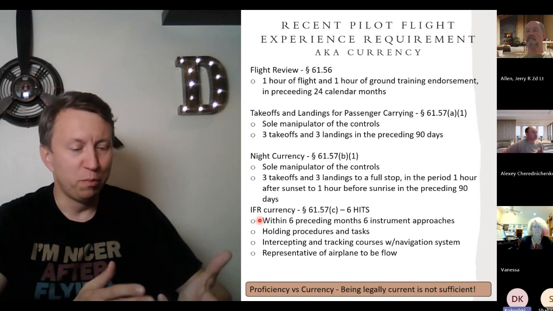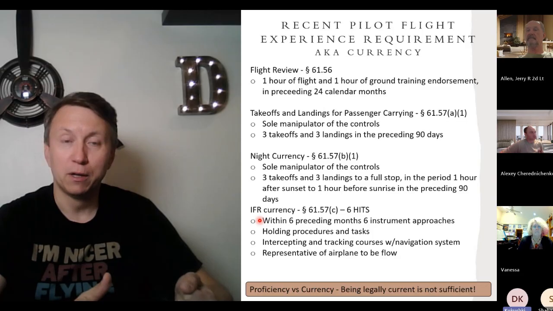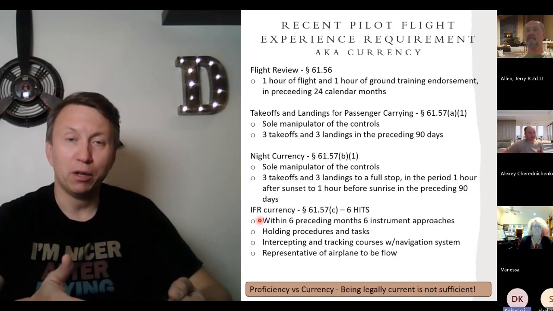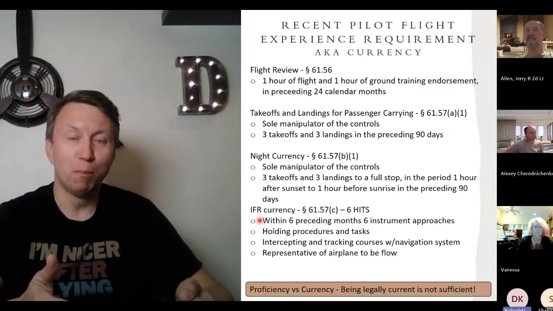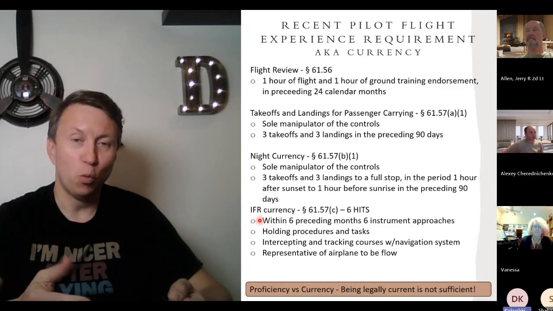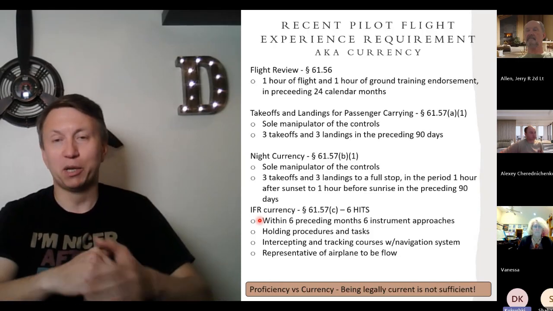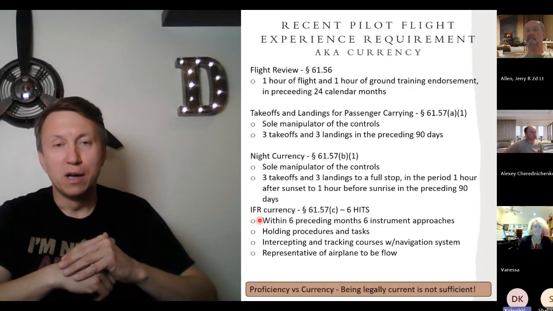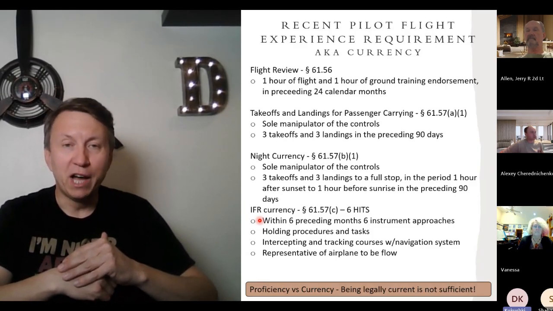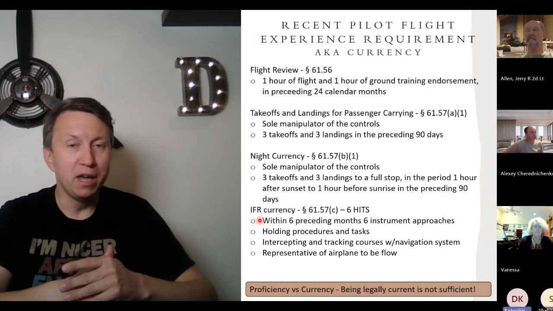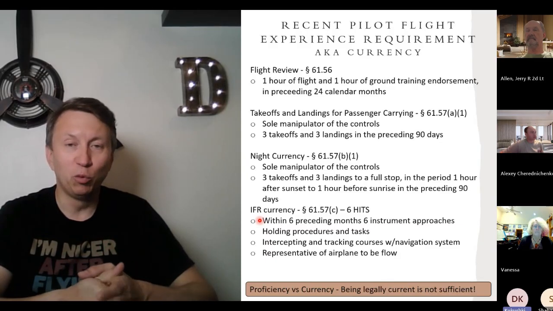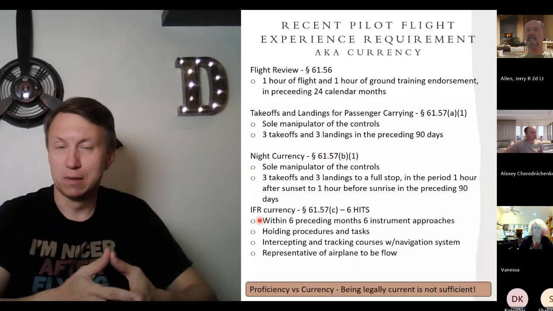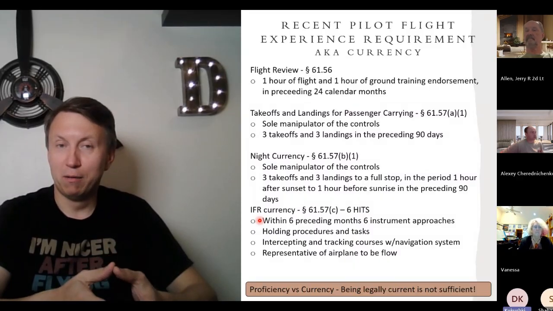Additional 5 months would be December, January, February, March, and April. So at the end of April, those would be the 6 preceding months, which include the 6 instrument approaches, assuming you've done the 6 today or during November. You are still legal to fly for the whole month of May, and your last day to fly legally would be May 31st. So, I hope you're still with me.